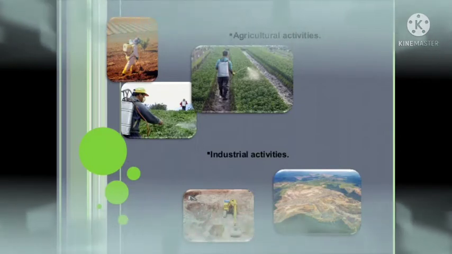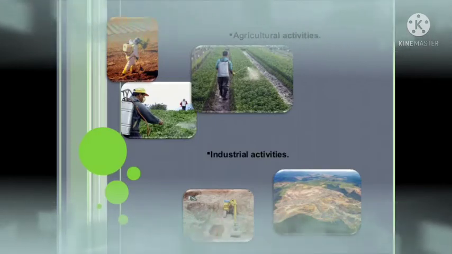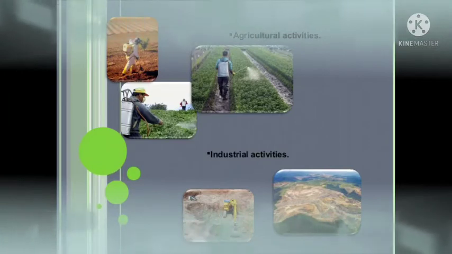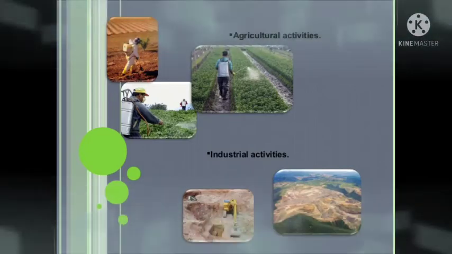Students, also the use of chemicals like weedicides in agriculture harms life forms that are not meant to be harmed. Students, these are activities done by humans only which harm the land.